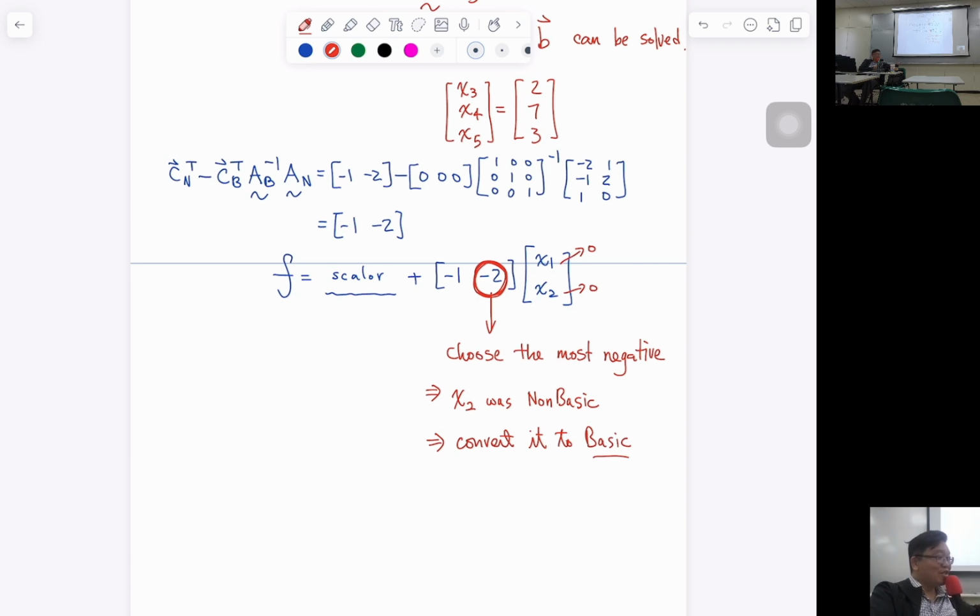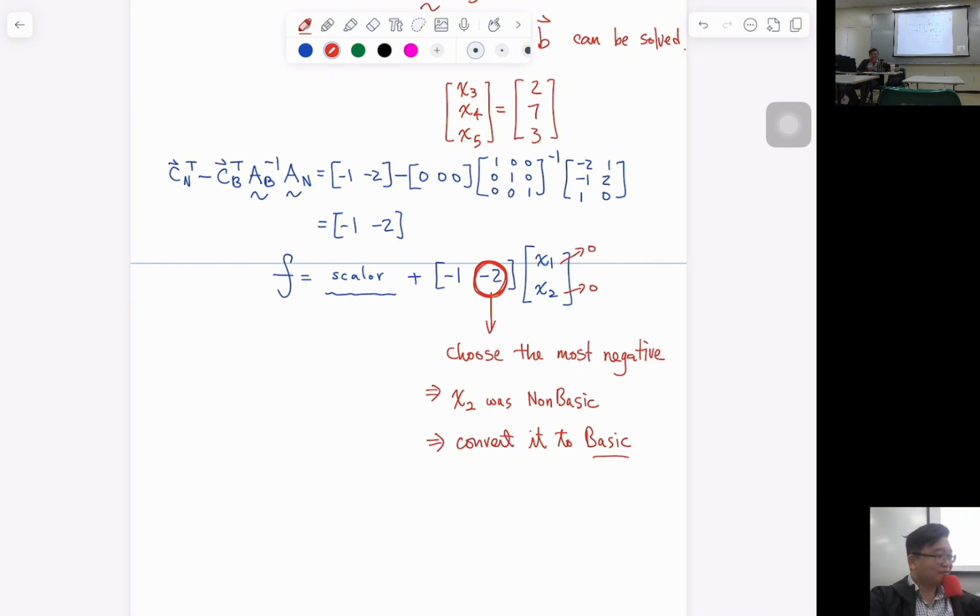It means x2 later on can be any value other than 0. Okay? Once its status is changed from non-basic to basic, it could be a value that's positive, which is good. Okay?